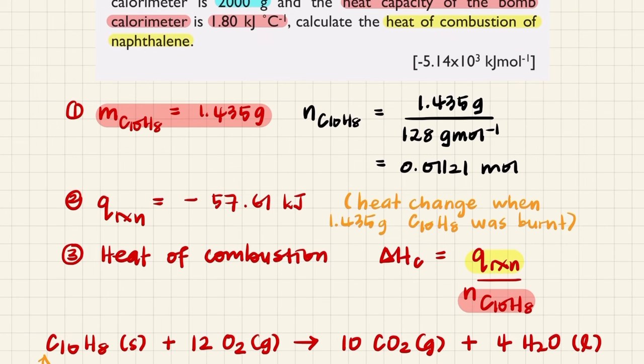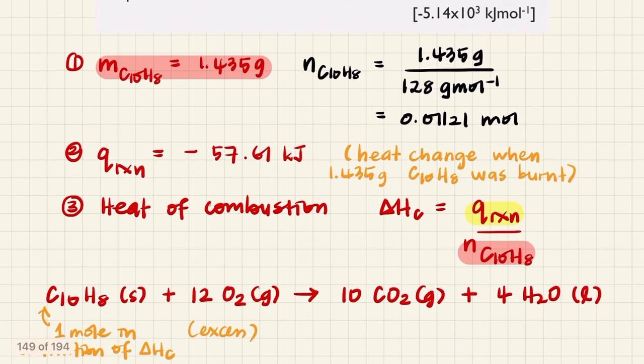we want to find the heat of combustion, kan? So that will be your delta H. Since we already have the mass of our substance being burned, C10H8, then we will just find our mole. Mass over molar mass, you will get mole.